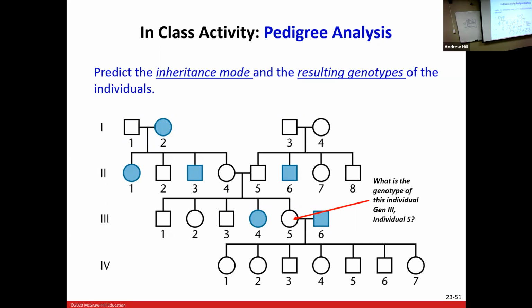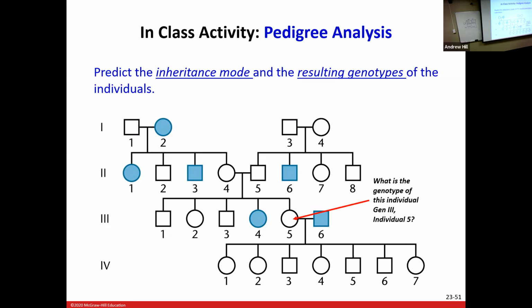Yeah, it looks good. So you see what this individual is, most likely big A, big A. We don't know 100%, but it's a very good chance. Okay, so this individual is almost certainly, you see how none of the kids are affected? This individual is small a, small a, because they're affected, right?